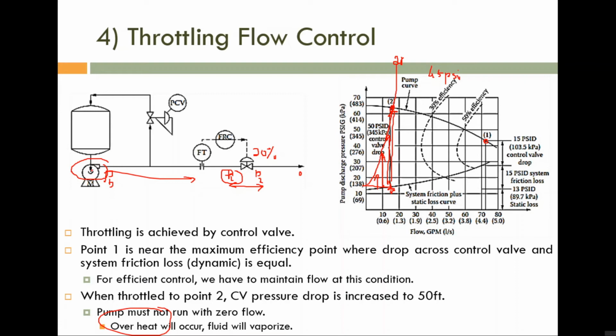So definitely the life of the pump will decrease. So what we have to do? If the pump is operated very close to the throttled condition, highly throttled means the control valve is highly closed, the pump is not capable of pumping the liquid because the resistance is very large.